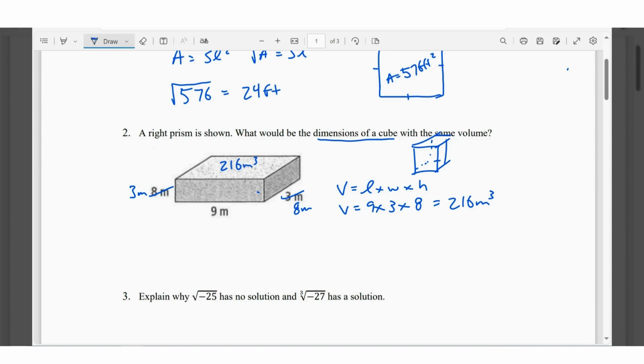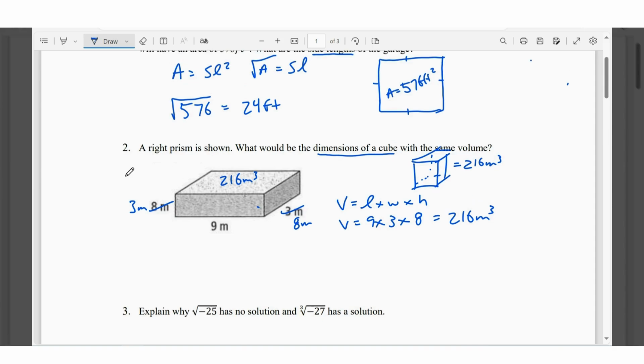And now what would the dimensions be of a cube with the same volume? So we know that the volume of this cube is now also 216 meters cubed. So what would be the side lengths? Well, we can figure that out just as, you recall, the square root of the area of a square gave us the side length.